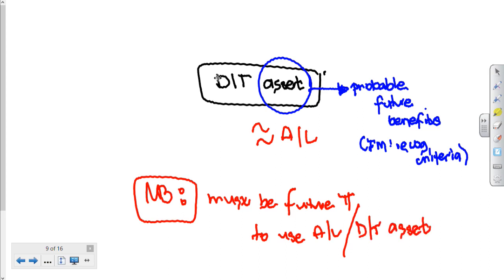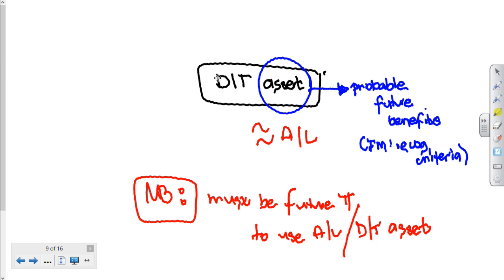So you need to look in the question: once you've added everything up, if you land up with a deferred tax asset, you must check if there will be future profits to be able to use that deferred tax asset, that assessed loss. If not, then you can't recognize a deferred tax asset.